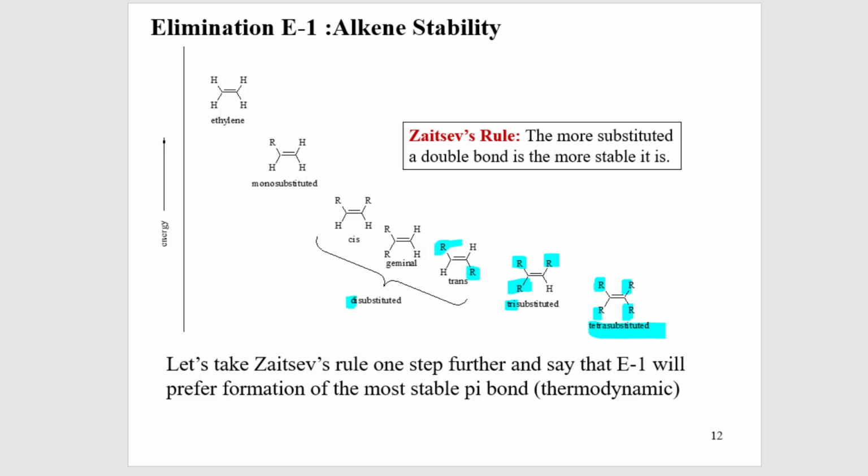Trans is lower in energy than cis, right? And we just showed that. The reason they're both disubstituted, but what changes them is the steric hindrance. And geminal, because there is some steric hindrance here, is actually lower in energy than the cis, and that's due to angle.